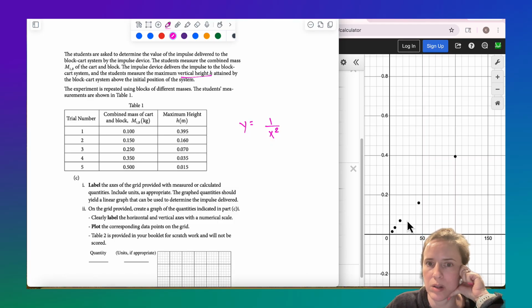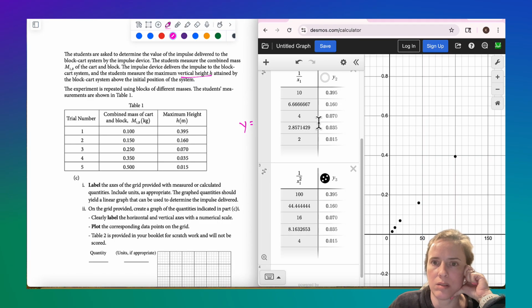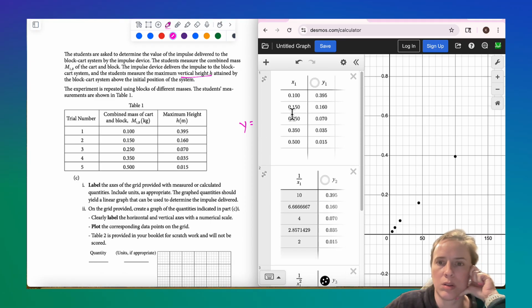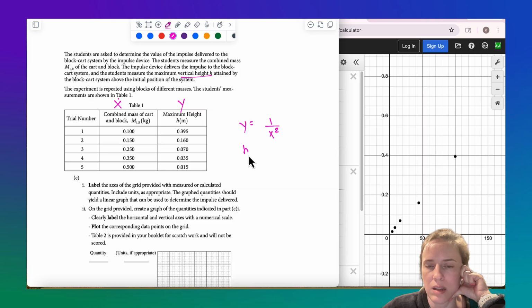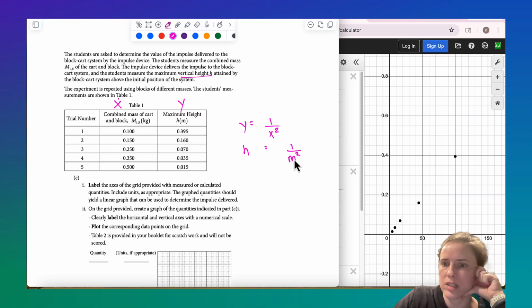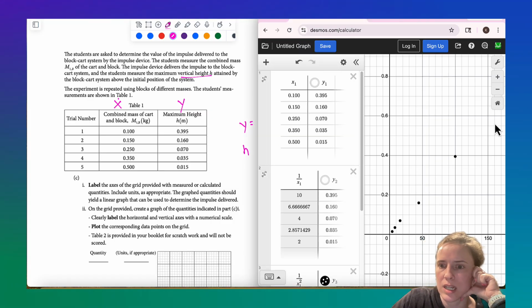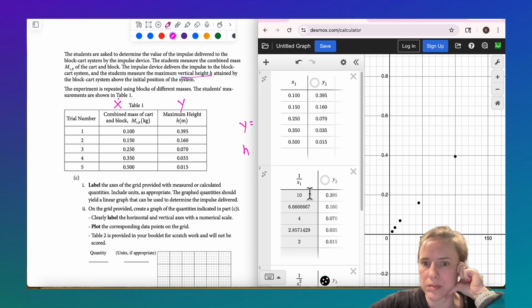But if we look at our original table, who was in my x column? That was my mass. In my y column, that was my height. So I graphed height versus 1 over mass squared in order to get a nice linear relationship.